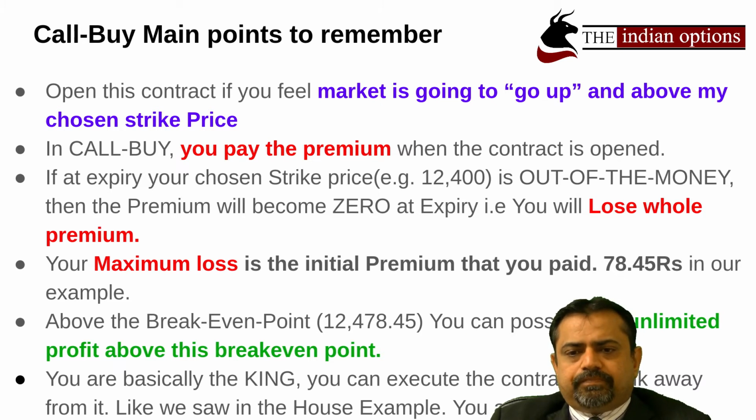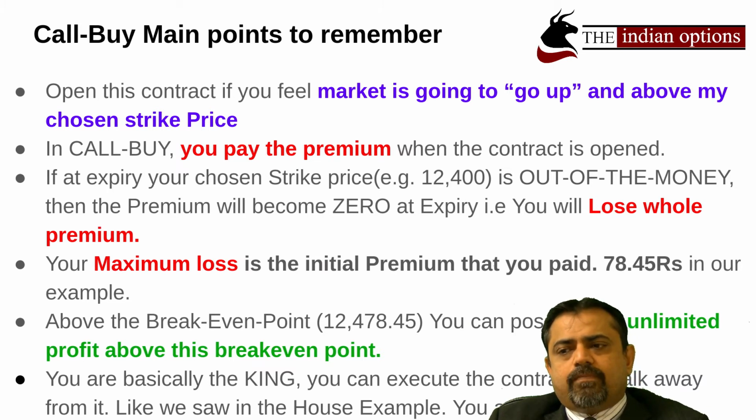So just remember this one word which I have written in blue, it is very important. Open this contract if you feel that the market is going to go up and above your chosen price. Now, in the call buy, you pay the premium when the contract is opened.